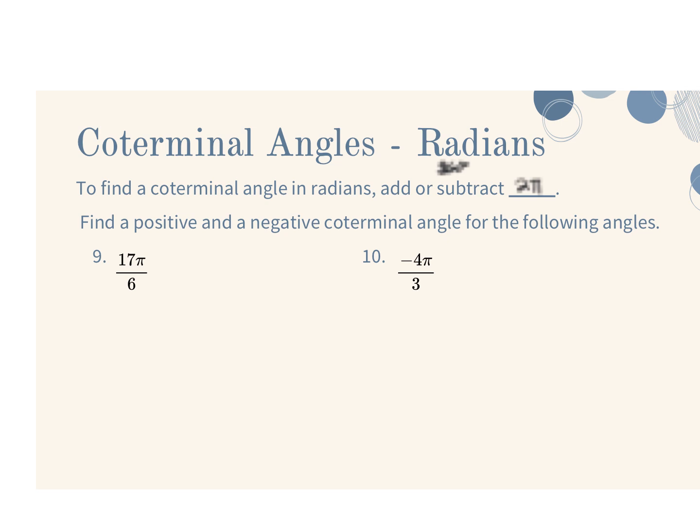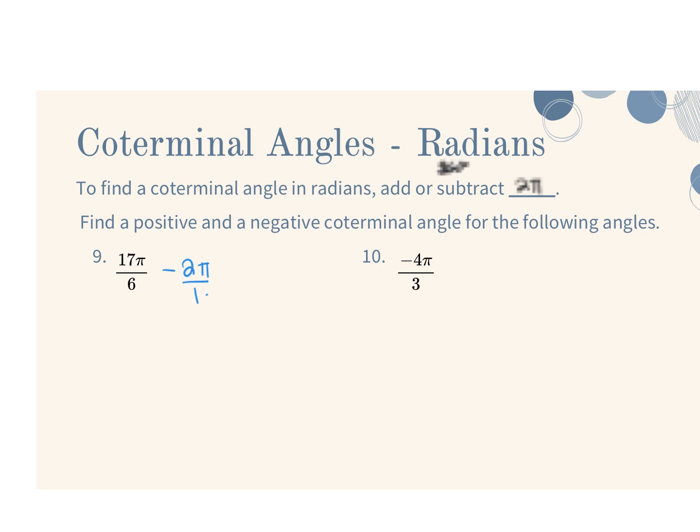But let's try the exact same thing that we did with degrees. It's not going to be as straightforward just because you need to find a common denominator and all that, but it still shouldn't be difficult. Let's find a positive and negative coterminal angle. For number 9, why don't we try subtracting 2 pi? I can't just subtract 2 pi like that. We need to get a common denominator.